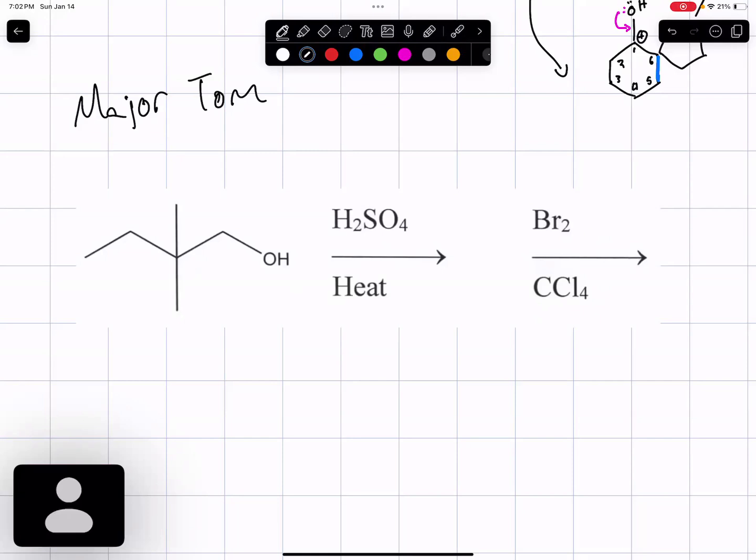Are you gonna start with a proton transfer? Yes, sir. So once we have a proton transfer, we're gonna get rid of that water molecule, or of the hydroxyl group, right? This is essentially H2SO4, a source of protons. So that becomes a good leaving group, right?